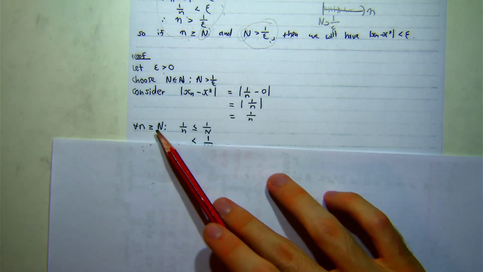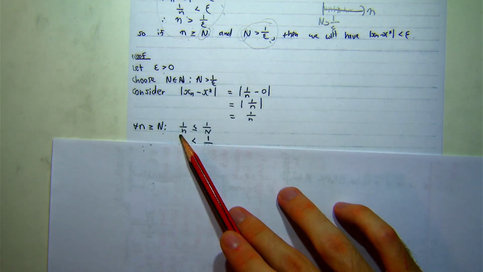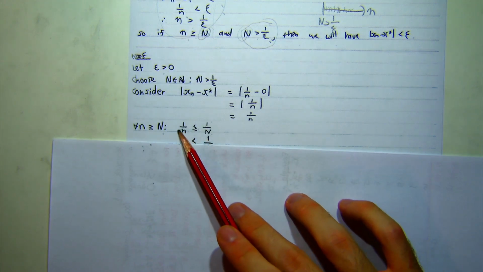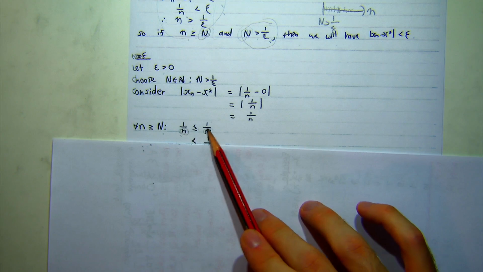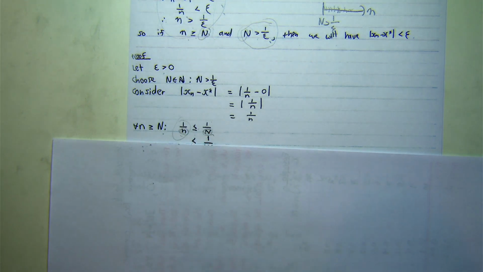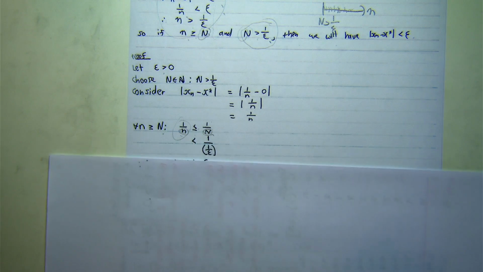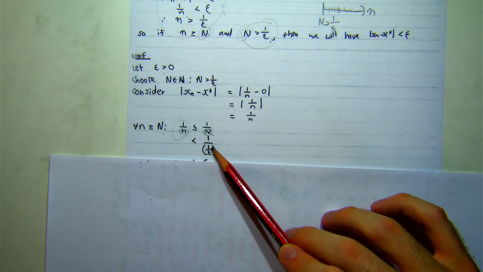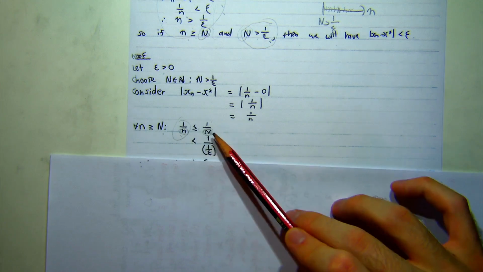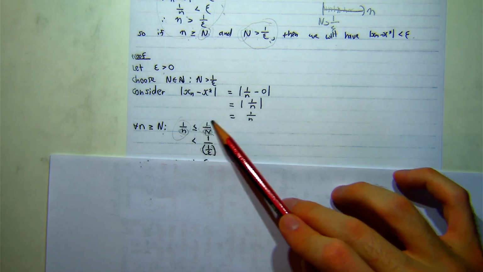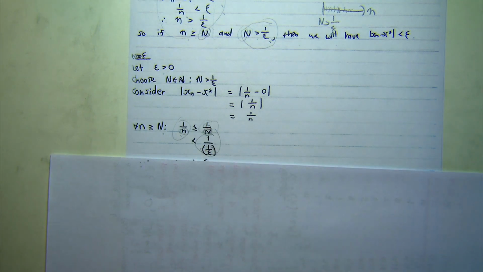As n is greater or equal to the big N, 1 on little n is less than or equal to 1 on big N. So the denominator here is bigger than the denominator here, which means that the fraction is smaller overall. And then we know that the big N is bigger than 1 on epsilon. So for the same reasoning, this denominator is bigger than this denominator, which means this fraction is smaller than this fraction.